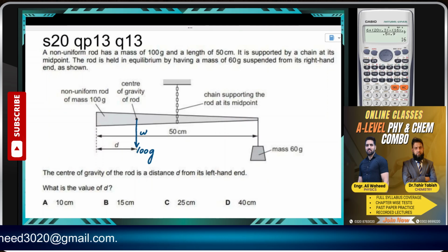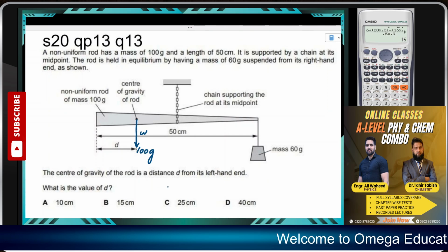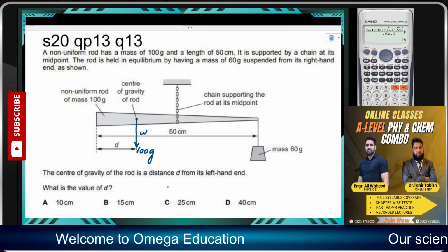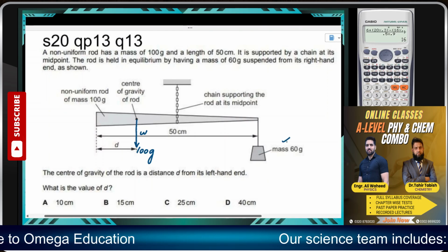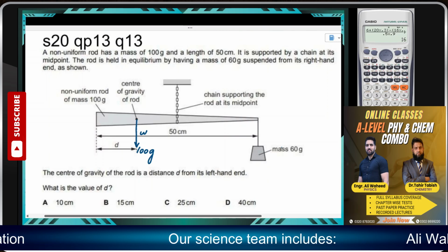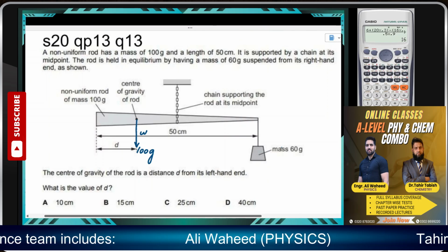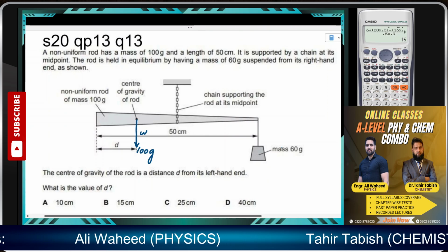So what is the weight? First, you can convert it into kilograms, and then you can use W equals mg. But I may not even convert it into newtons, because on the other side we also have mass. So instead of using F1 d1 equals F2 d2, we can apply the principle of moment in terms of mass.